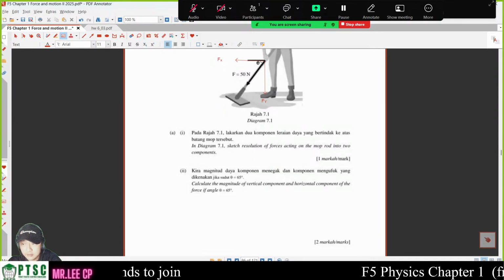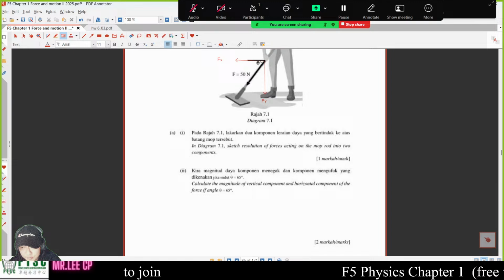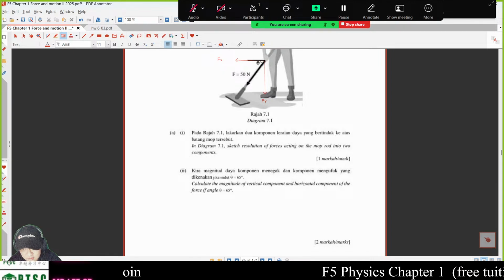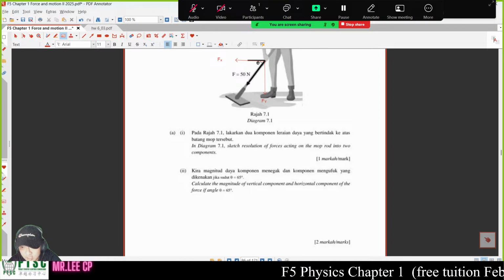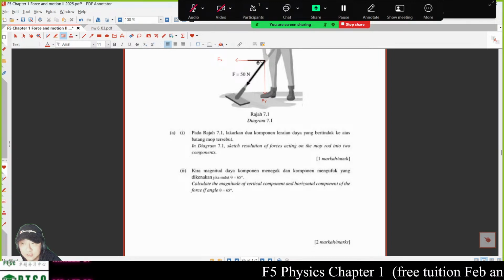Now calculate the magnitude of the vertical and horizontal components if the angle is 65. So this angle is 65.